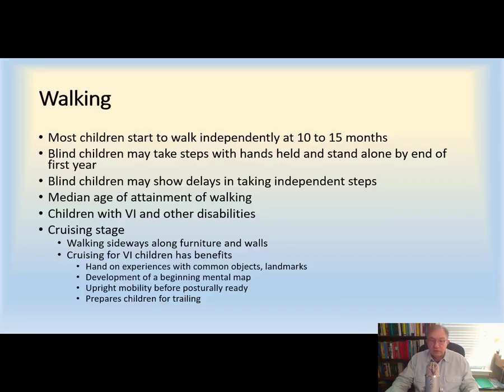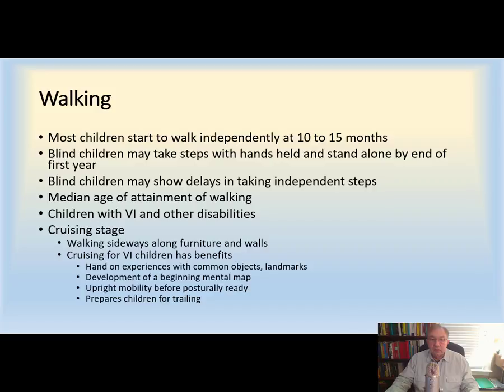Children without sight go through a stage of cruising before they start independent walking. Oftentimes what we'll see is they walk sideways along furniture and along walls, and they'll use one or two hands for support as they're moving along. Now this has a lot of benefits for kids that are visually impaired. It does a number of things. It provides them with hands-on experience with some common objects and landmarks that they might find.